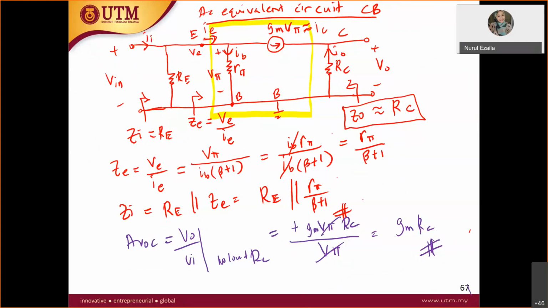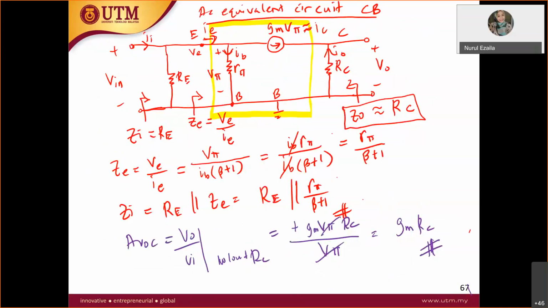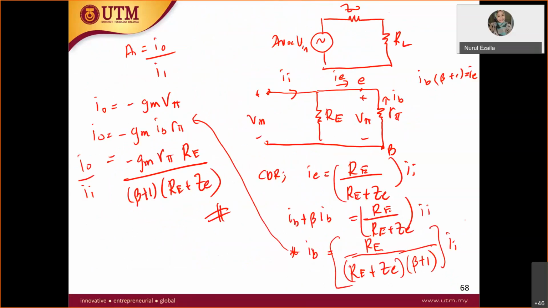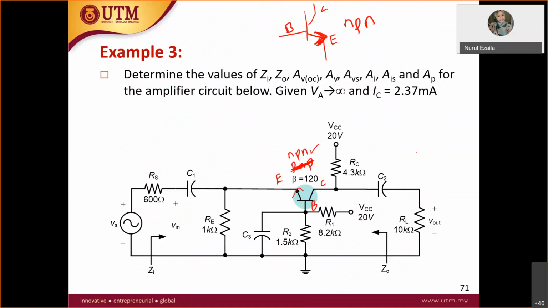In this case, if this is PNP, the current is to the left, from emitter to collector, but in our case it is from collector to emitter because this is NPN, so current is going down.